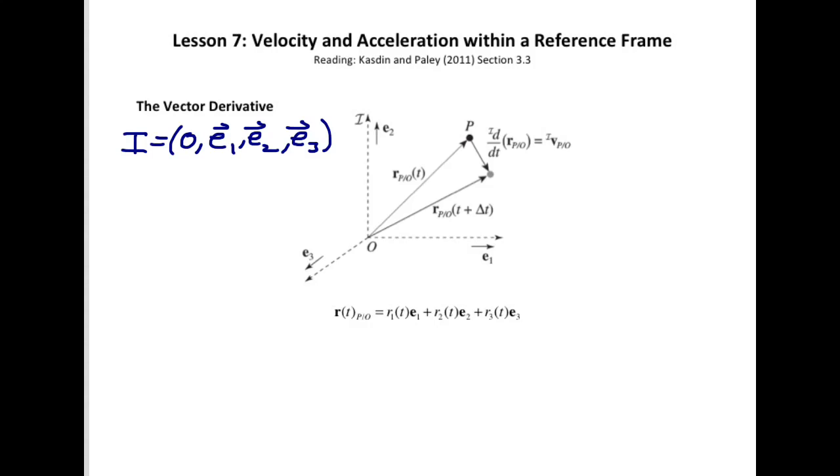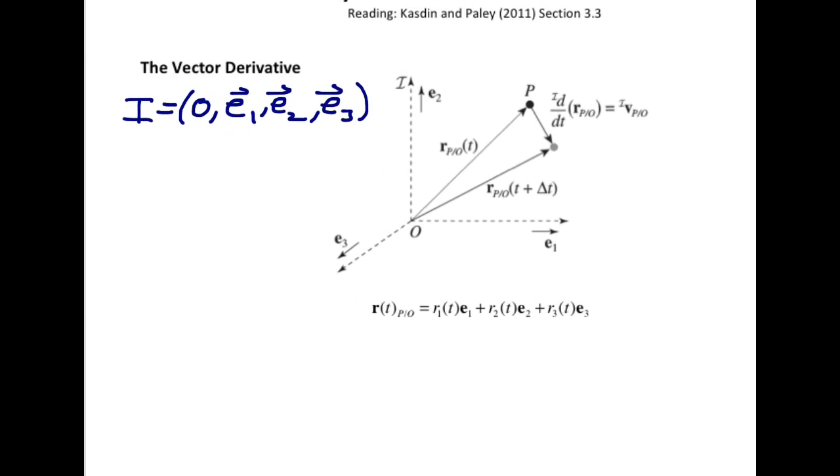The reason why we call them basis vectors is because any vector, in this case a position vector, that we're defining by coordinates within this reference frame, we're going to define as a series of scalars that are attached to each of these vectors. So it forms a basis for any other vector that's defined in that reference frame.